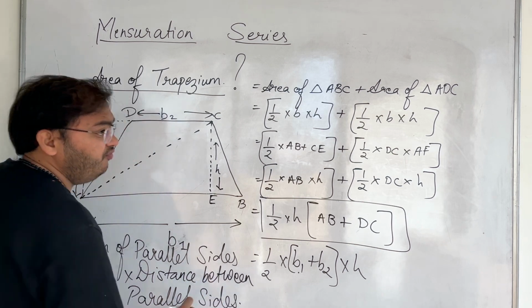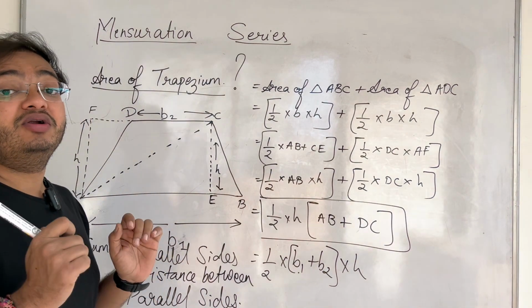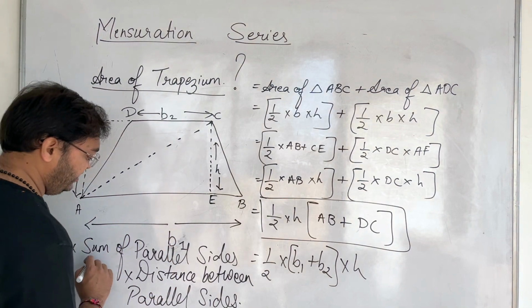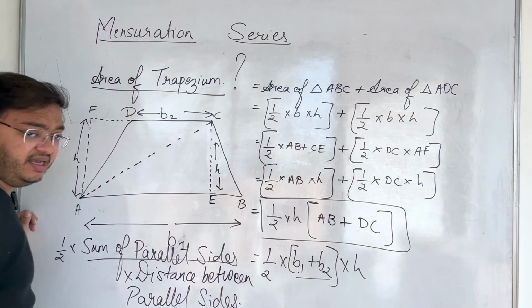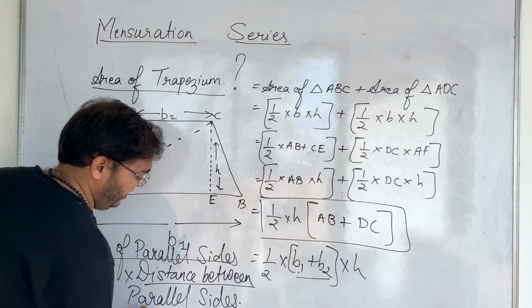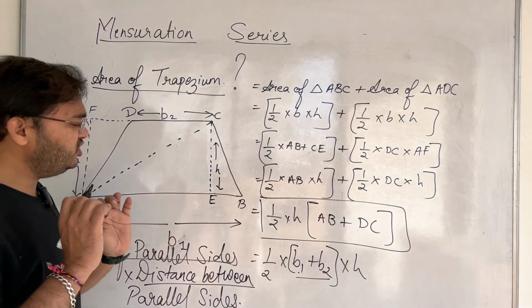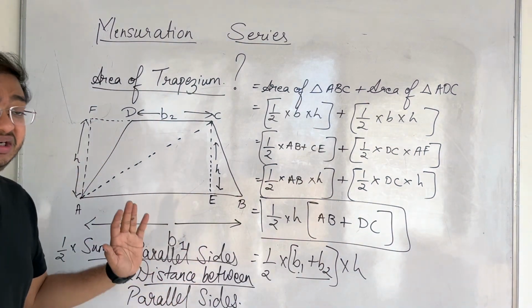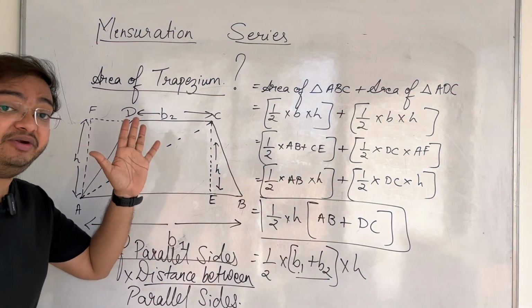The sum of parallel sides is nothing but the sum of bases, and this distance between parallel sides is known as the height. So it's so simple to understand. This is the whole derivation of how the area of a trapezium came into the picture.